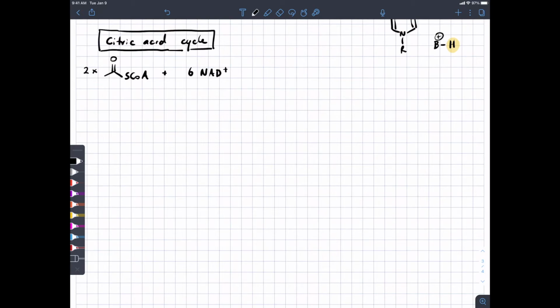So in the citric acid cycle, we will take 2 molecules of acetyl-CoA, 6 molecules of NAD+, overall, let's see, 2 of FAD, 2 of GDP, plus 2 of phosphate ion, plus 6 H2O. And in the end, we're going to get 2 molecules of CO2. Coenzyme A will be released.